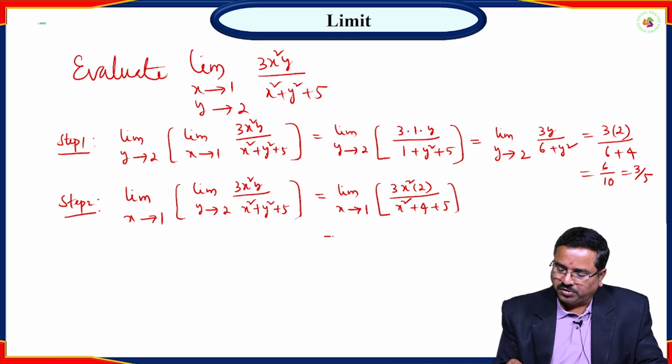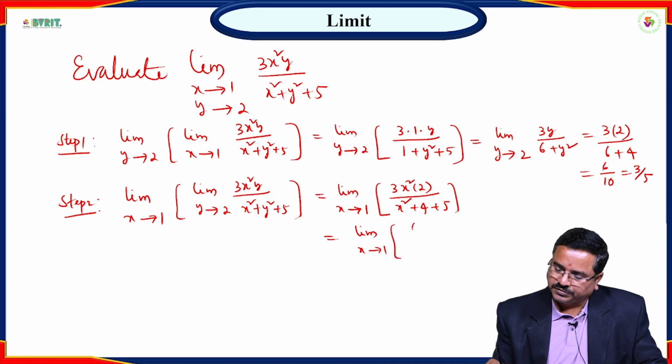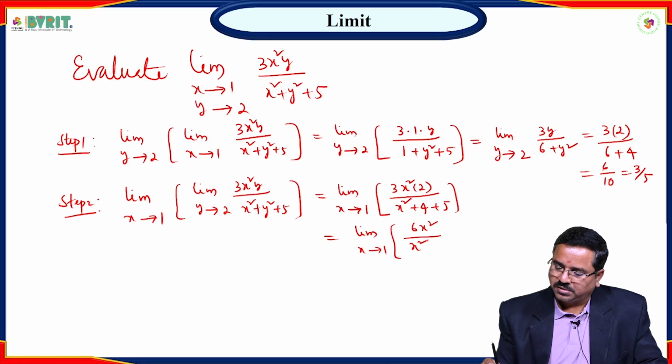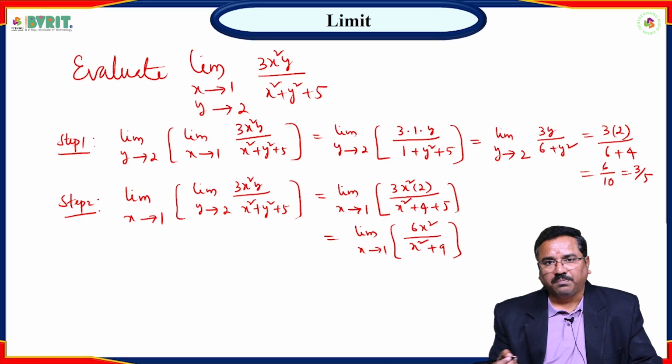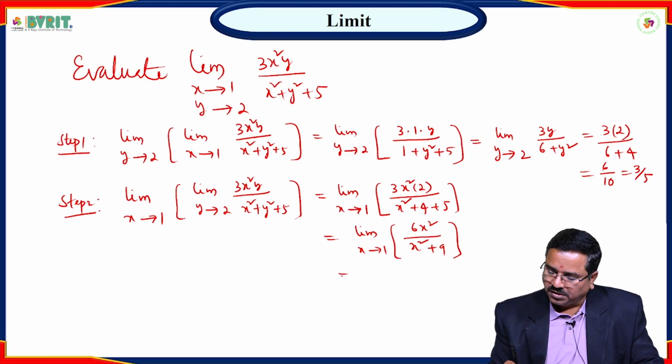Simplifying, what will you get? Limit x tends to 1, numerator 6x square, denominator x square plus 9. Now finally, replace x by 1: 6 by 10 is equal to 3 by 5.